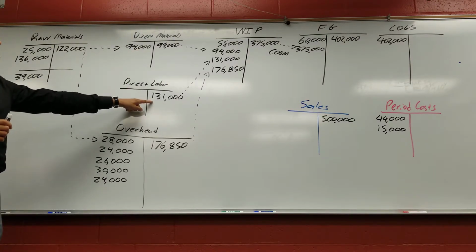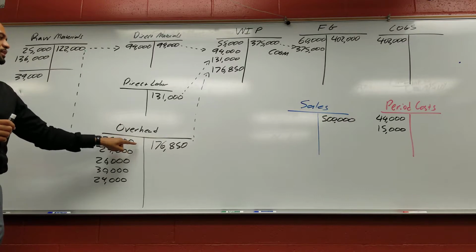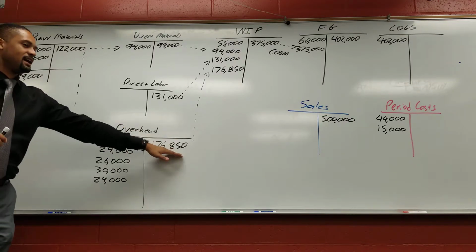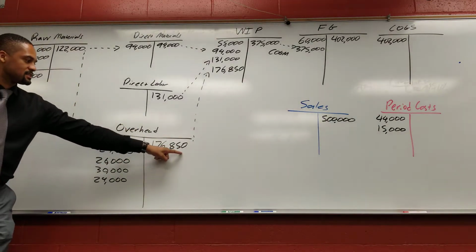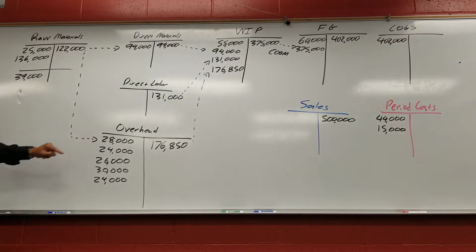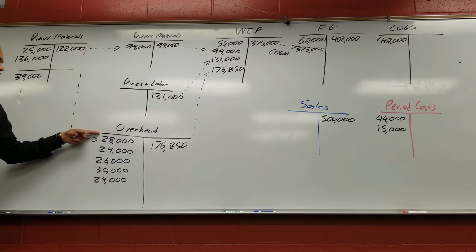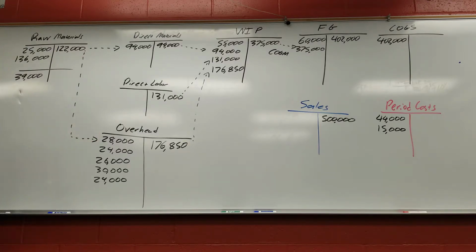Direct labor we can leave be, but this one here with overhead creates something strange. Actual, applied. We got to see which side wins. The total applied is 176,850. The total actual is going to be 28, 24, that's 52, 78, 108, 132,000. There's 132,000 of overhead on this side.